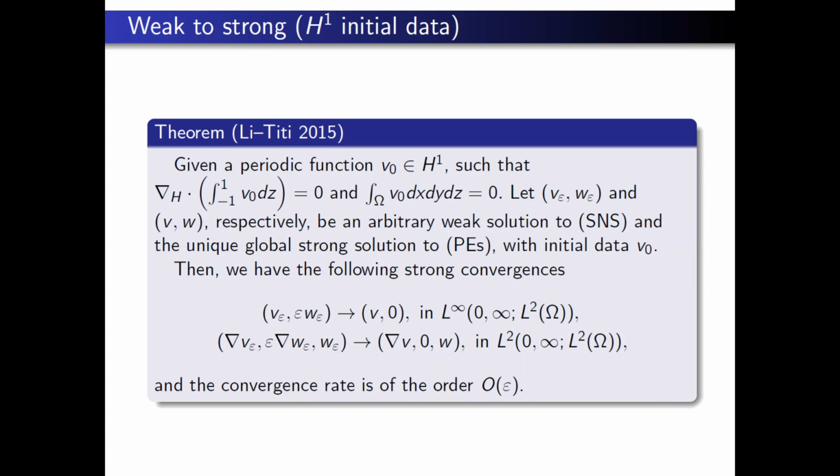Then we have the following convergence result, and I call it strong convergence because there is an earlier result by Bresch and collaborators in which they show there is a subsequence converging weakly.